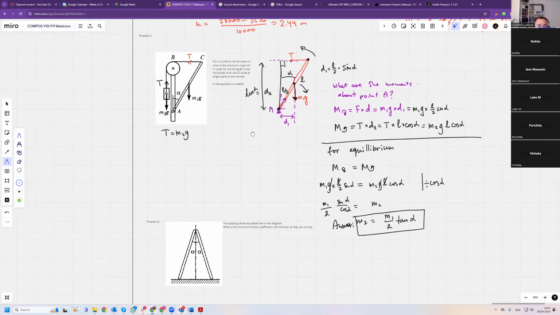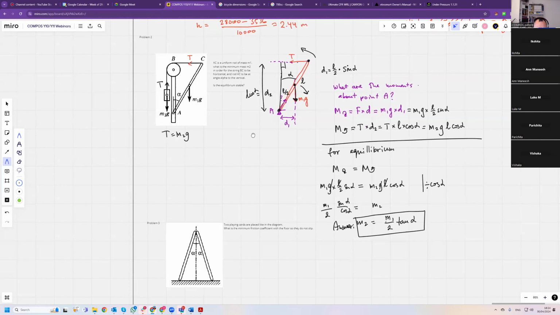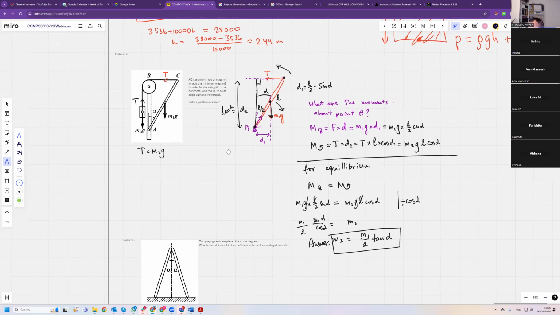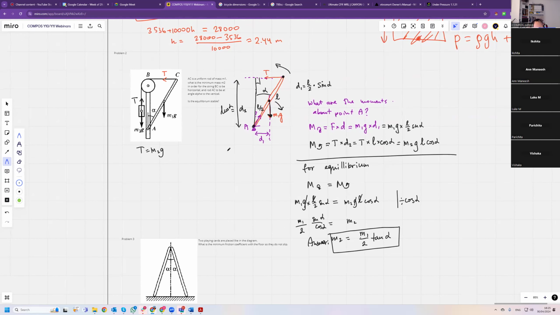Is the equilibrium stable? It's a difficult question to answer. Let's come back to this if we have time. Okay, it's a little bit outside what we're trying to achieve.